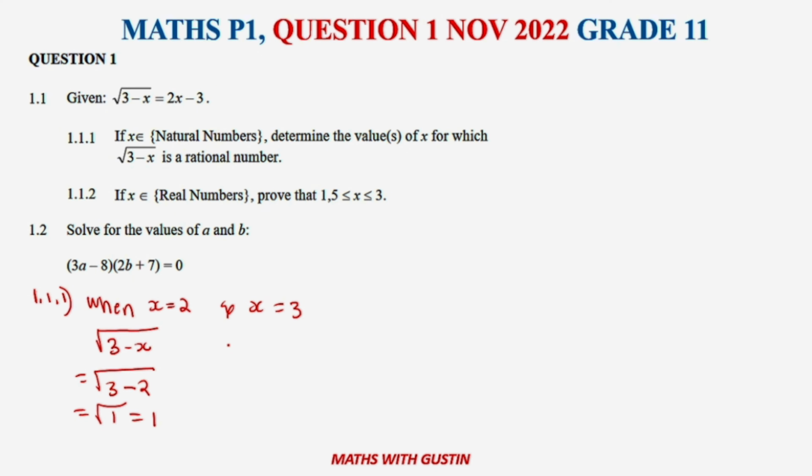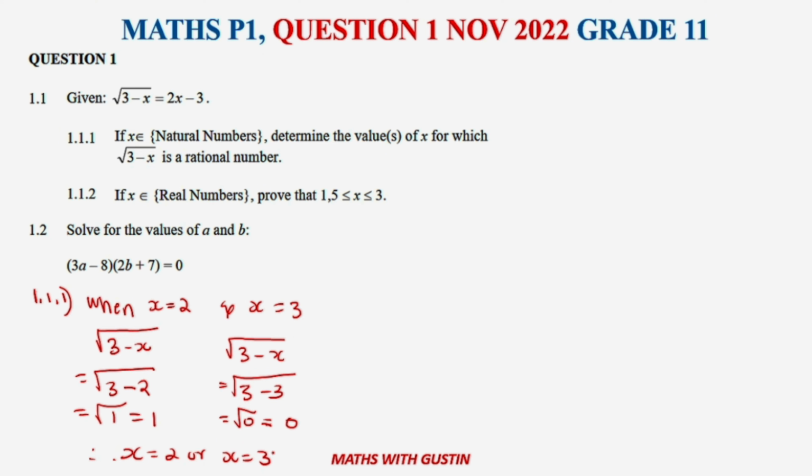When x is equal to 3, we put 3 in the space of x: 3 minus 3 is the square root of 0, so the answer is 0. Therefore we agree that x is equal to 2 or x is equal to 3.